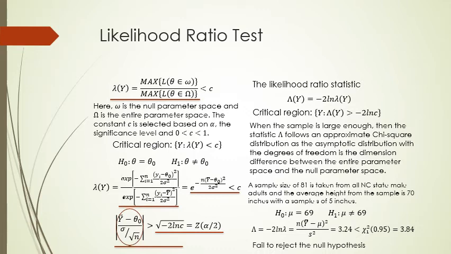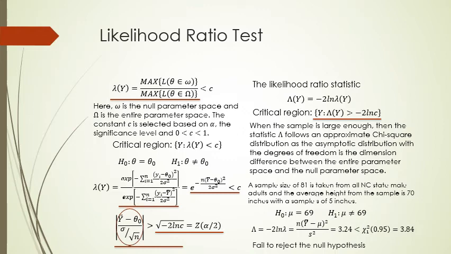To assess the goodness of fit, we may use the likelihood ratio statistic capital lambda, which is -2 log of the likelihood ratio. We may have the critical region as this. If the statistic falls in this region, then we reject the null hypothesis.